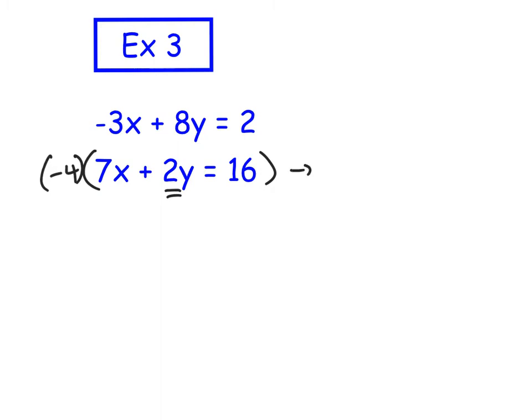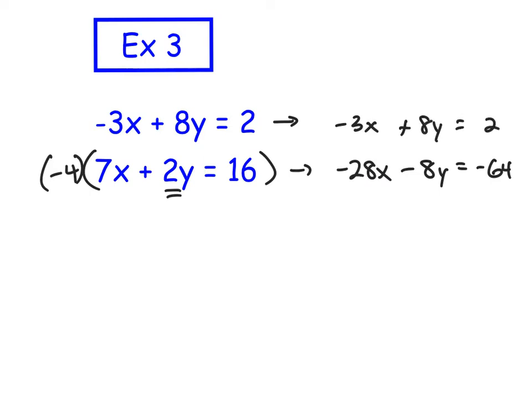So when I multiply by negative 4, I get negative 28x minus 8y equals negative 64. And then I'm just going to rewrite that top one right next to it. Negative 3x plus 8y equals 2.